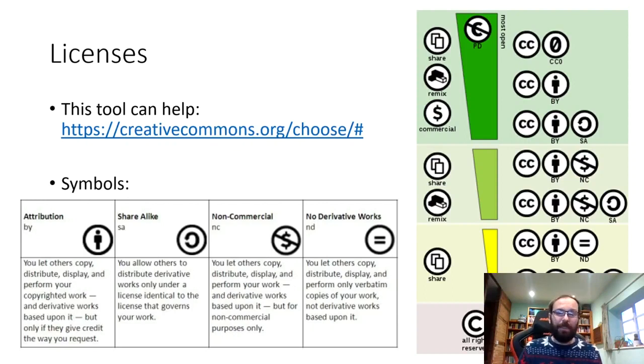For example, you can limit whether people have to attribute you and say it was originally developed by whoever, or not. That's, I guess, one of the most basic ways of considering what to do with your data. And then it gets to more complicated things: do you want to allow it for non-commercial use, for commercial use? Are you allowing people to play with it and create a different version of it and do stuff with that too, or not?